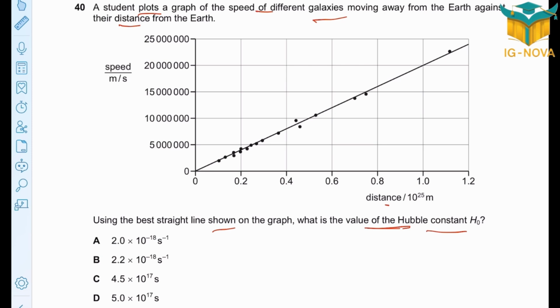The Hubble constant is speed over distance. This is the average one. Which point are you going to use? I can see any point can intersect here, easy to calculate. Here you're going to find 20 million.